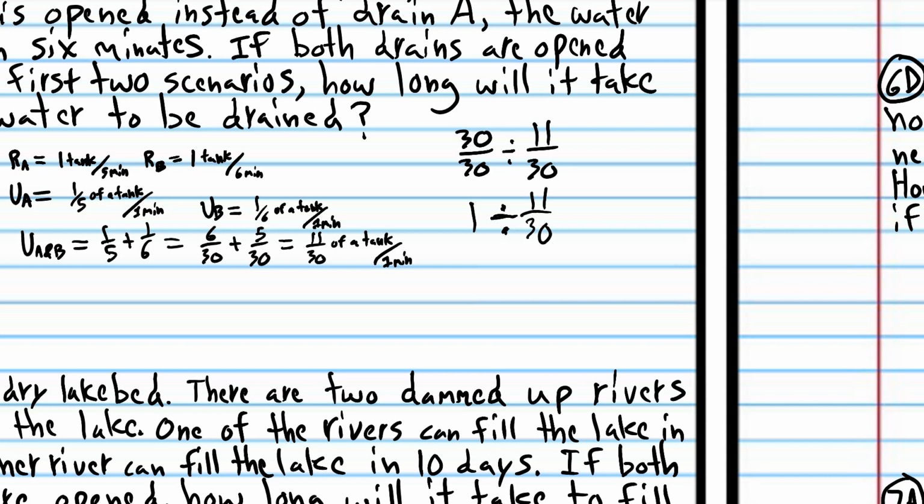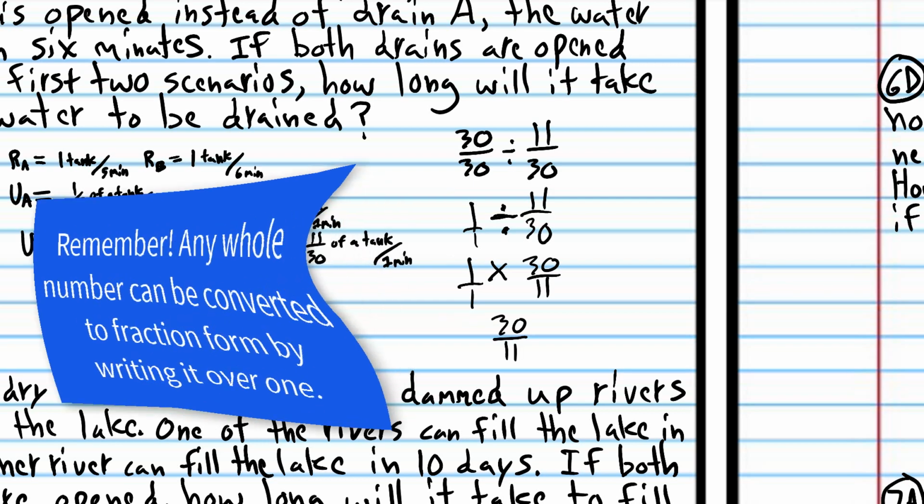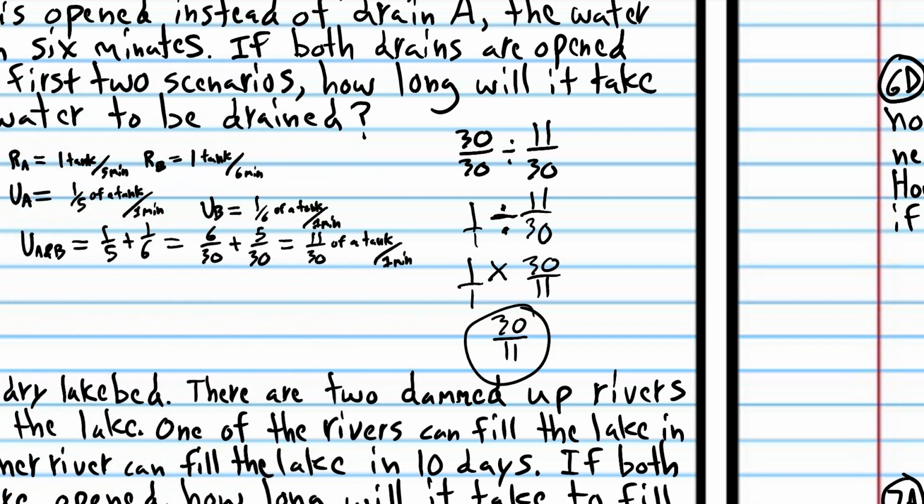So remember, when you divide fractions, you switch the operation, and you flip the divisor. So that would be 30 over 11. And this becomes 1 over 1. 1 is just the same thing as 1 over 1. And now we're just multiplying fractions. This is all review stuff. 1 times 30 is 30. 1 times 11 is 11. So now that's our answer.